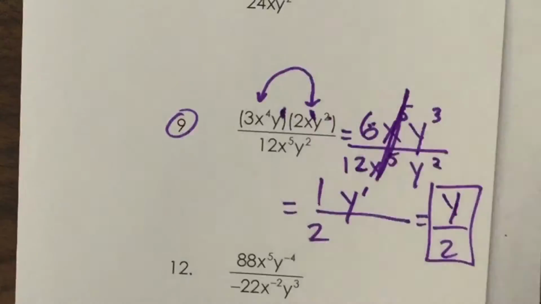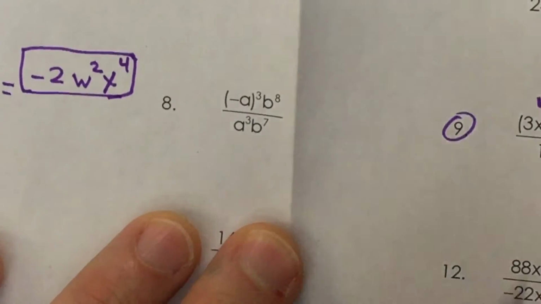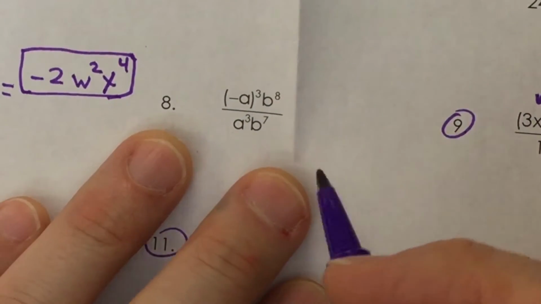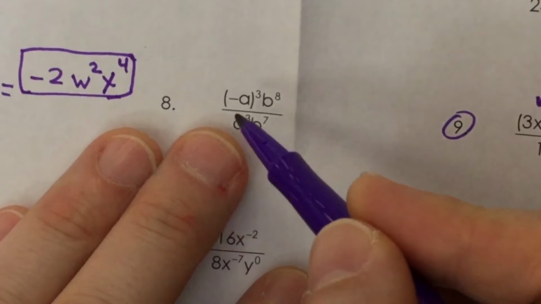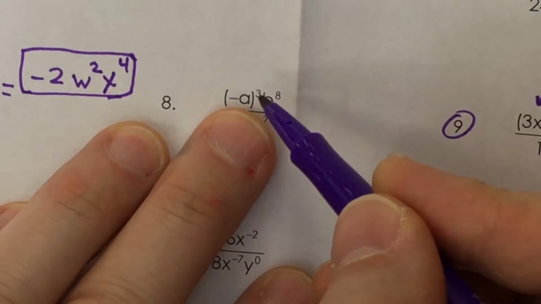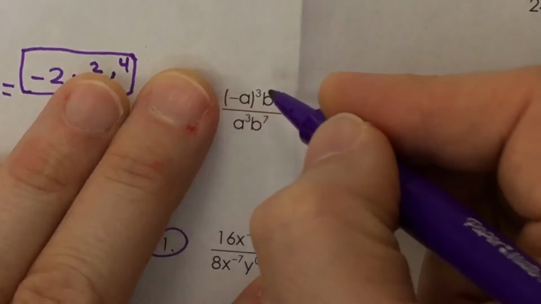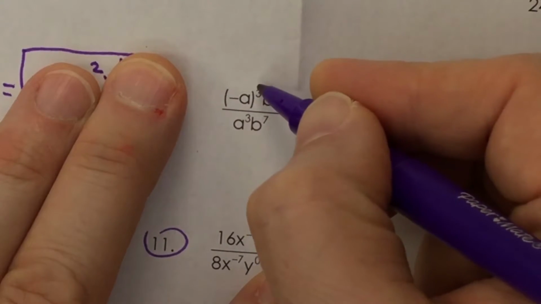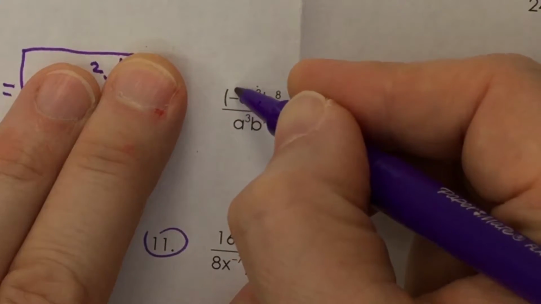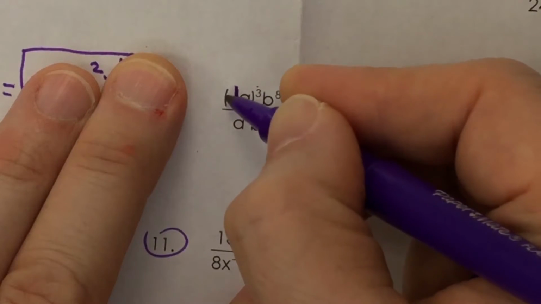Let's take a look at number 11 in the middle here. Okay, we have another multi-step problem. Now, this 3 exponent is on the outside of some parentheses, so we need to take care of that right now. Now, this is a negative 1, and then 1 is invisible. I'm going to write it in.